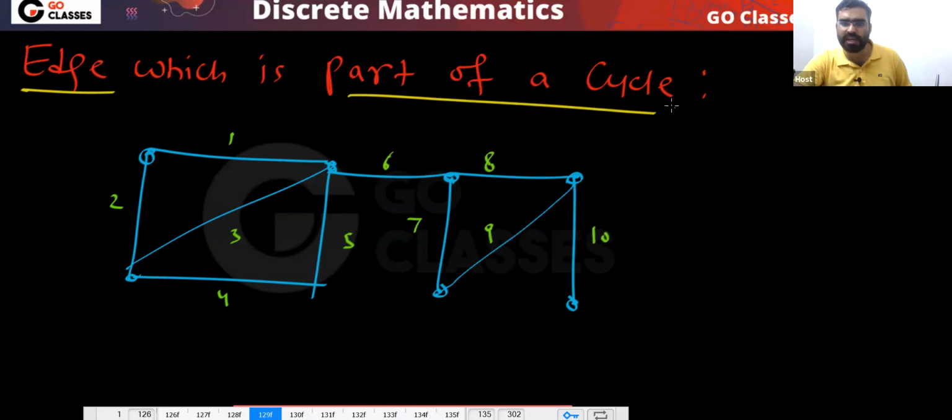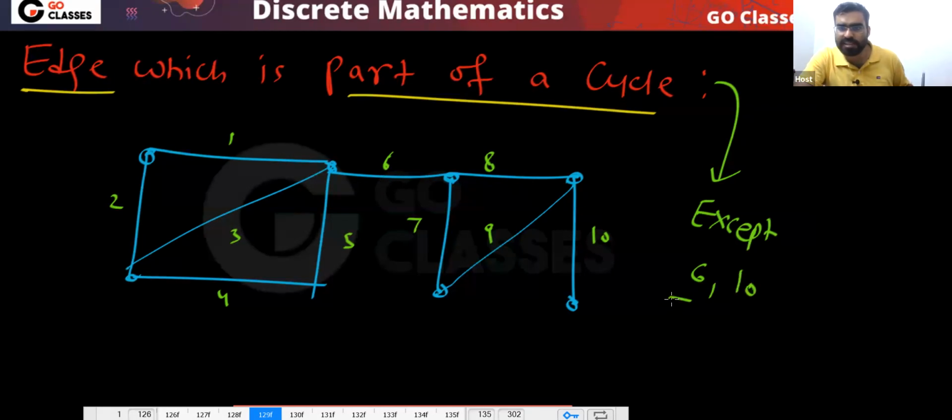Which edges are part of a cycle? You can notice 6 is not part of a cycle, right? So except 6, 10, every edge is part of a cycle. Yes or no?